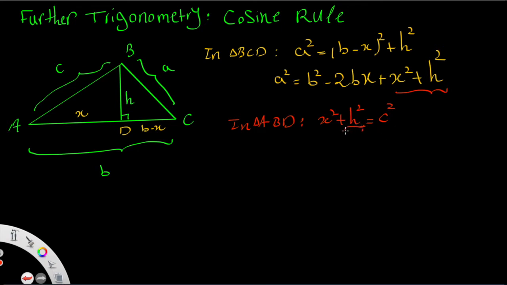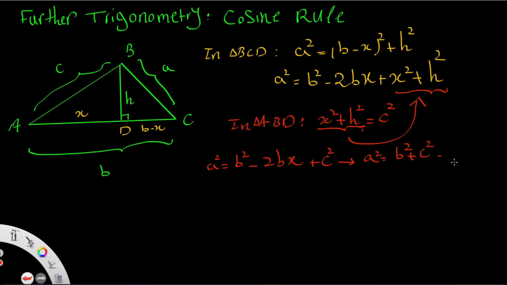Now, replace these in this formula. So we have a squared is equal to b squared minus 2bx plus c squared. Now I rearrange it. It will be b squared plus c squared minus 2bx.